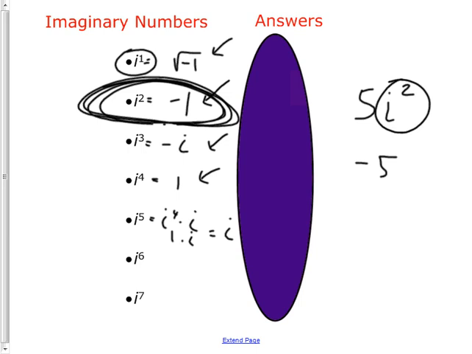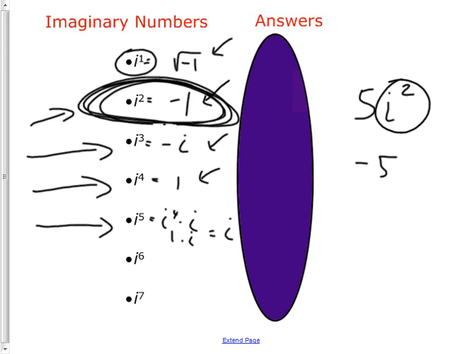Isn't that weird? Take something, put it to the fifth power, and you get the same thing back that you had in the first place. There's nothing else like that except maybe 1, because 1 to the fifth is 1. The weird part is that up until then it's different, it's different, it's different, and when I get back to here, i to the fifth is back to i again.